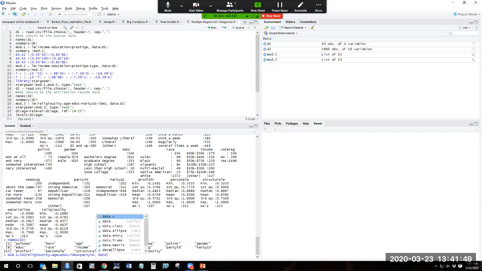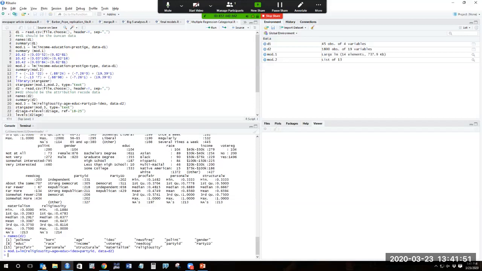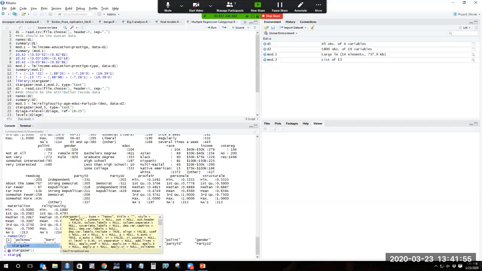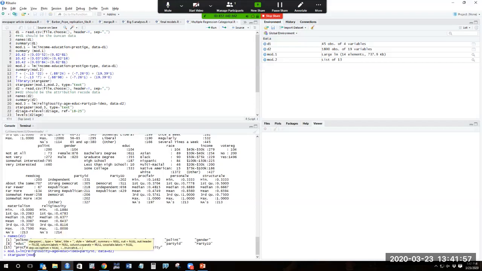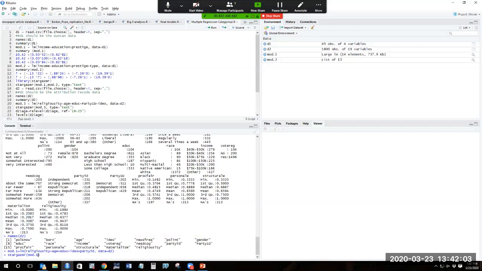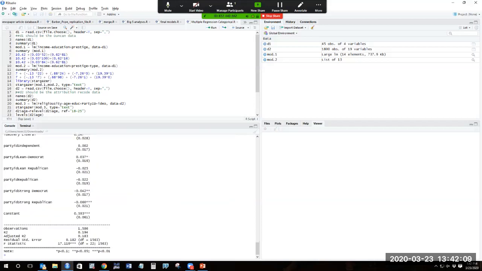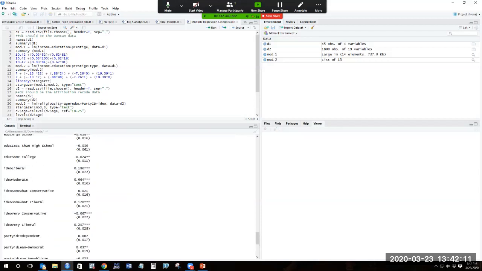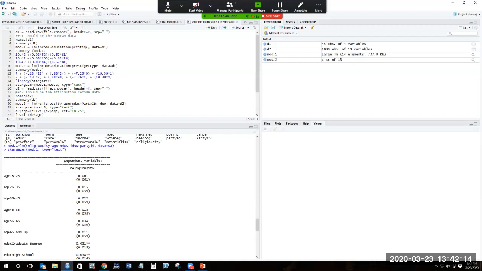Data equals D2. I'm going to do it, and then I'm going to go stargazer, mod.1, type equals text. Okay, so here's my output on this variable.